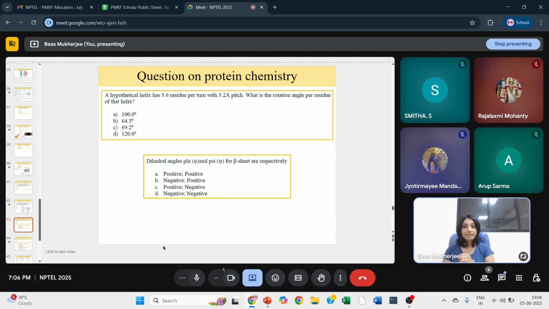And so in this entire 360 degrees, if you divide that by 3.6, you get that each residue is separated by 100 degrees. So see, the first option is 100 because for alpha helix it is 100. But for this one, what would be the right answer? That is something that you'll have to find out.